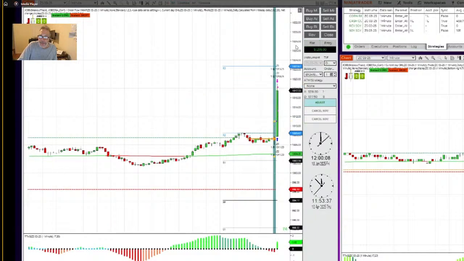Hits the first target, hit the second target. Corn also had a nice breakout on the quarterly grains.